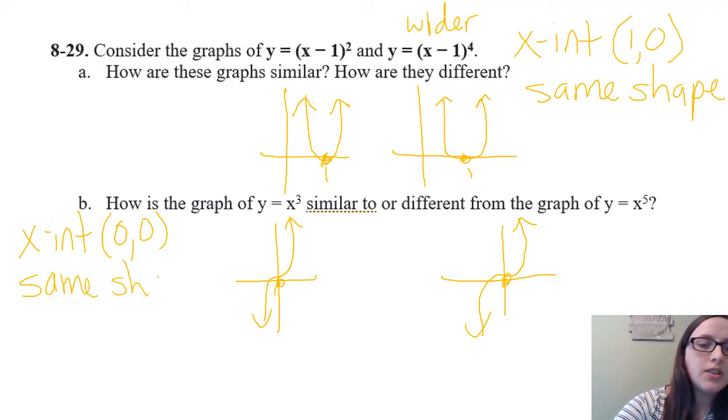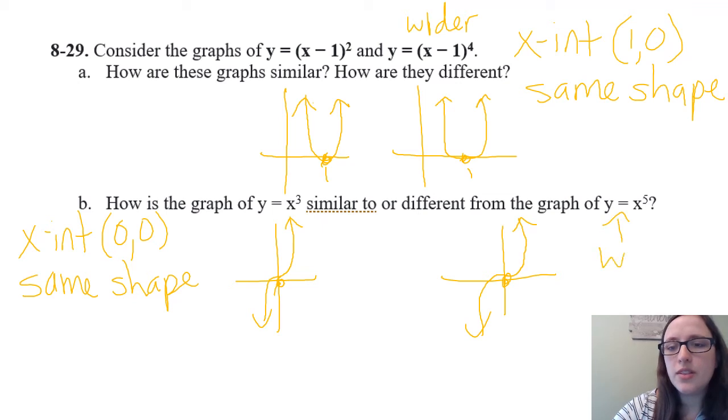It's just that this one is a little bit wider at the x-intercept. And if you notice, when we have an even degree or even exponent, it bounces at that x-intercept, and they both have the same end behavior.